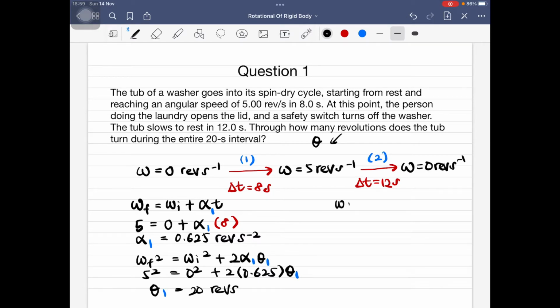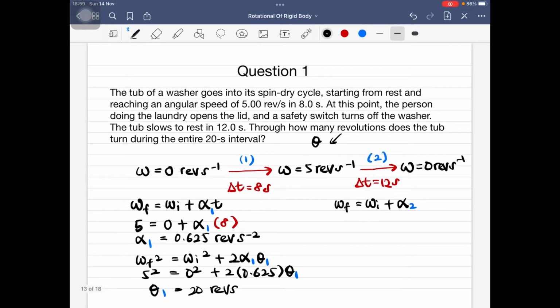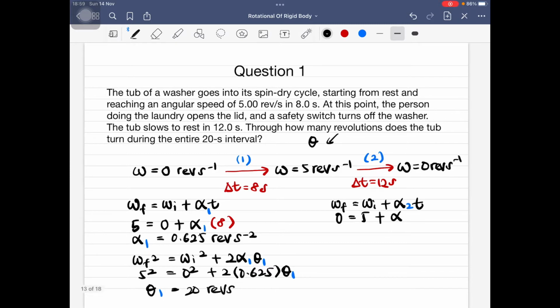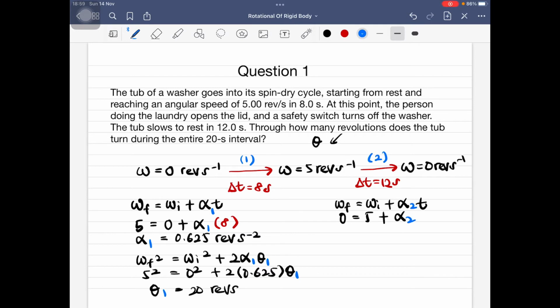So omega final is equal to omega initial plus alpha, your angular acceleration, but this one is for the second part, and then we have t. So final becomes stop, initially is 5 revolutions per second plus your alpha, this is the value that we are after, and then the time taken for this one is 12 seconds.